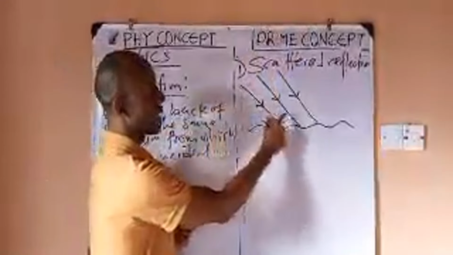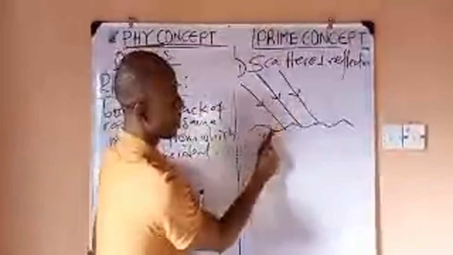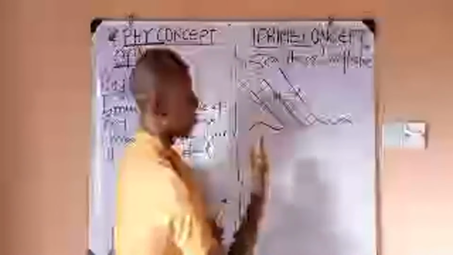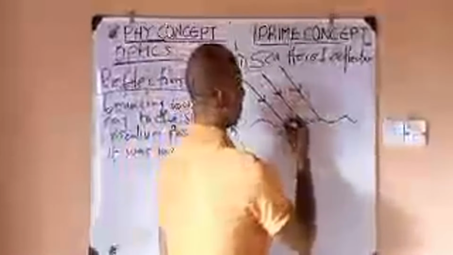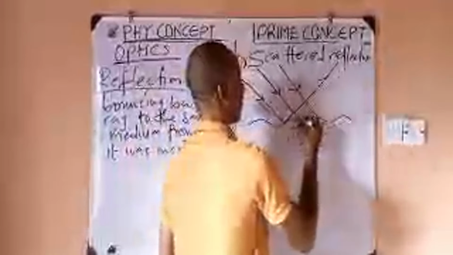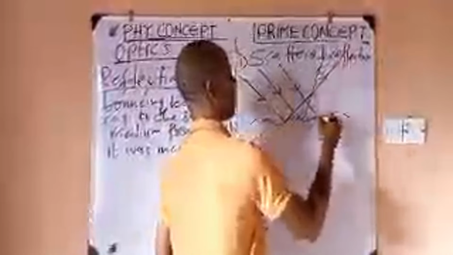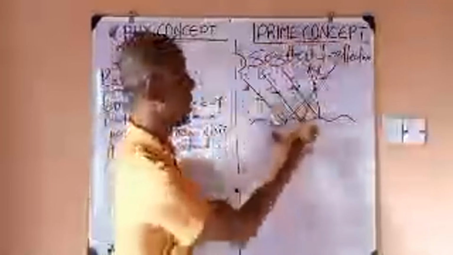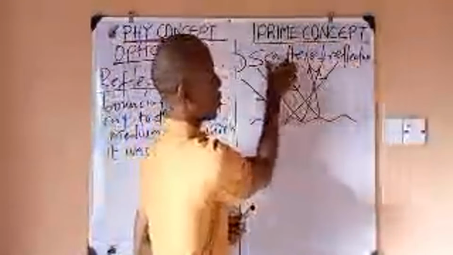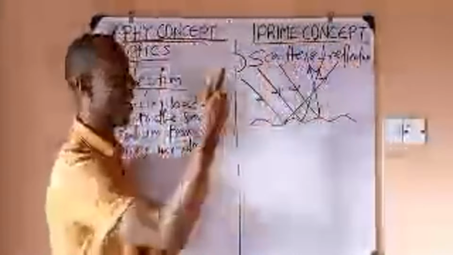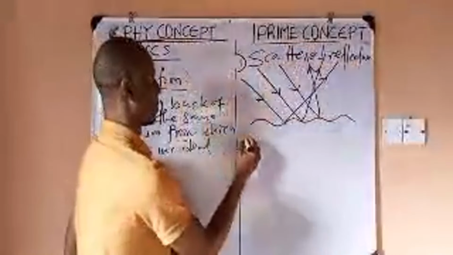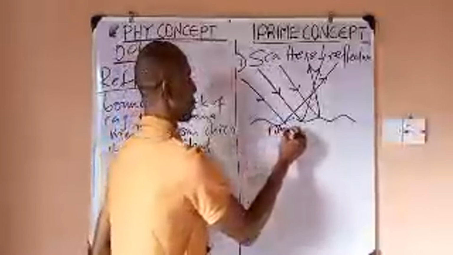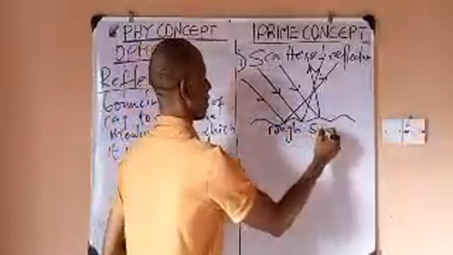And when you incident parallel rays, because this is a rough surface, when they are coming out, they will begin to cross each other like this. So you see that the reflected rays cross each other. This kind of reflection is what you call scattered or diffused reflection, and it occurs on a rough surface.